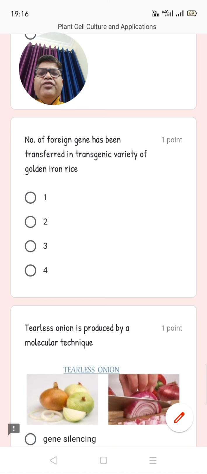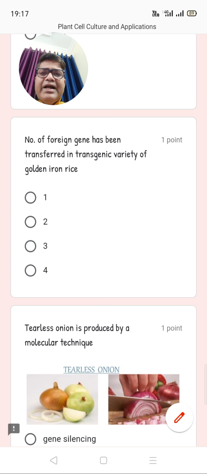Next question. The number of foreign genes transferred in the transgenic variety of Golden Rice. Have you heard about Golden Rice? It is a rice variety that contains the beta carotene gene and the iron gene.